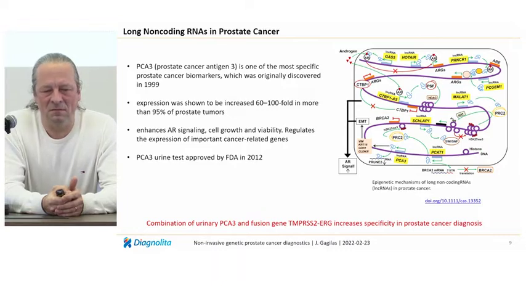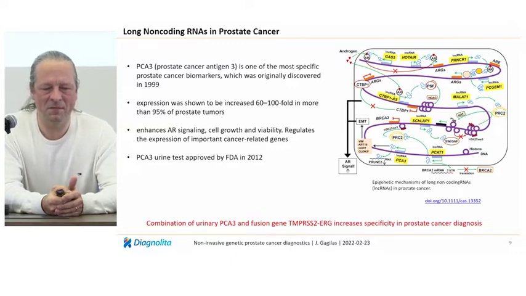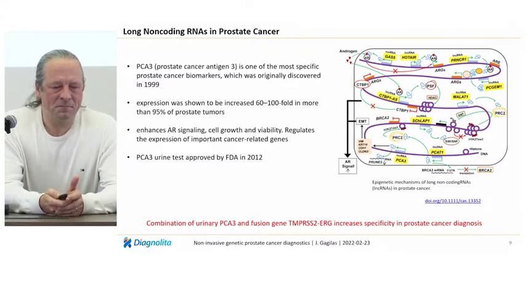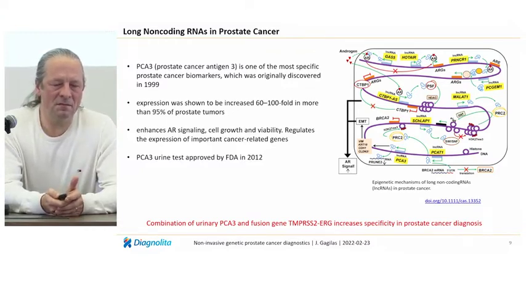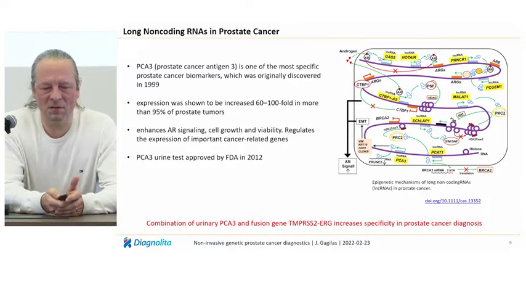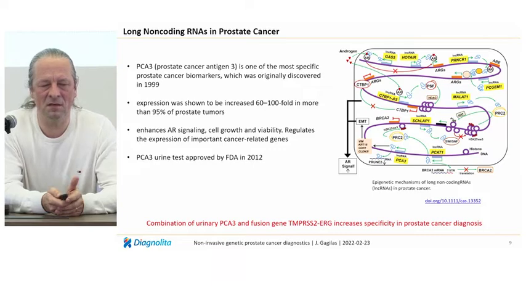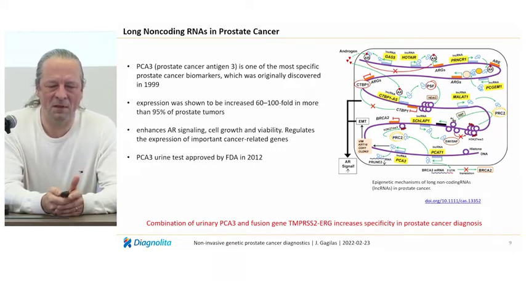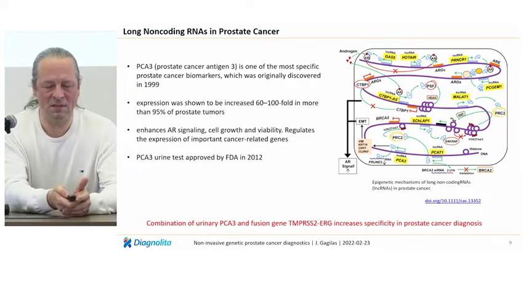And this biomarker was approved by FDA as prostate cancer test in 2012. If you combine PCA3 and the fusion gene TMPRSS2-ERG, you can increase specificity of prostate cancer diagnostics.